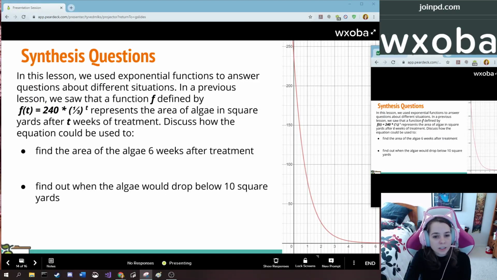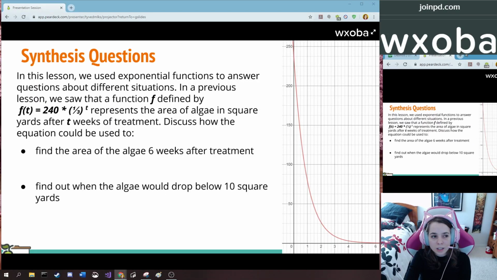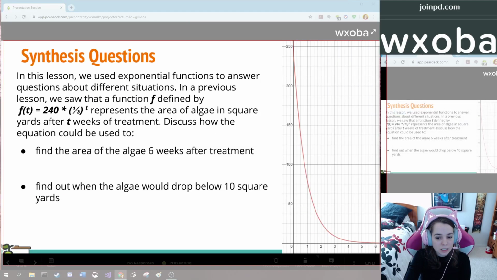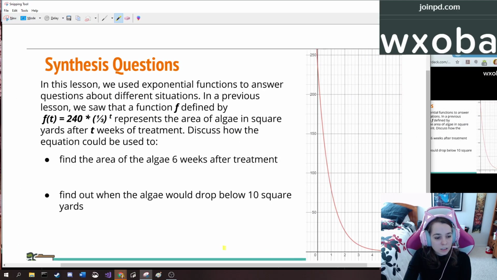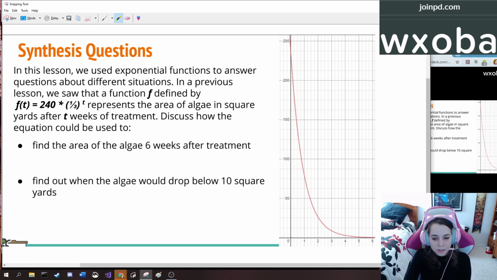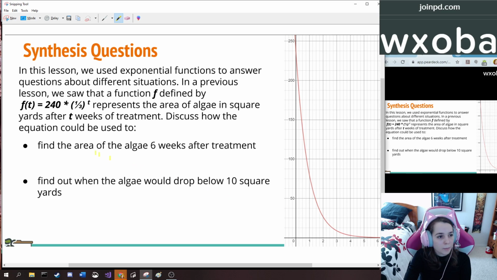So here is another lesson synthesis question to see if we understand. In this lesson we used exponential functions to answer questions about different situations.